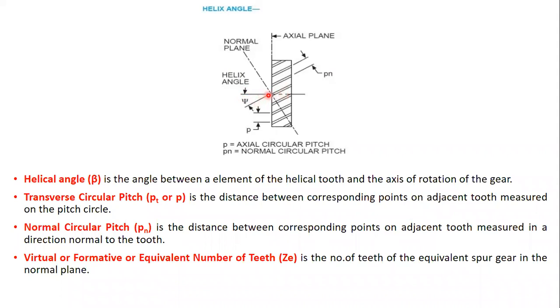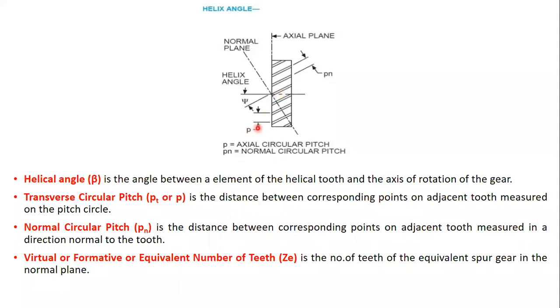Helical angle is denoted by beta, and it is the angle between the helical tooth and the axis of rotation of the gear. This is called the helical angle.